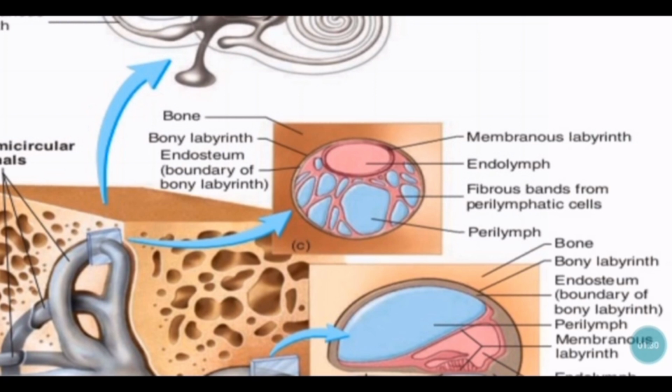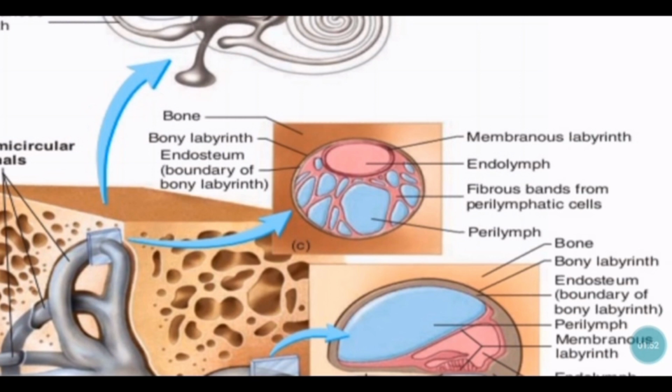Perilymph has a low concentration of potassium and high concentration of sodium. Similar to cerebrospinal fluid, endolymph has a different composition than perilymph, and the endolymph has a high concentration of potassium and low concentration of sodium.